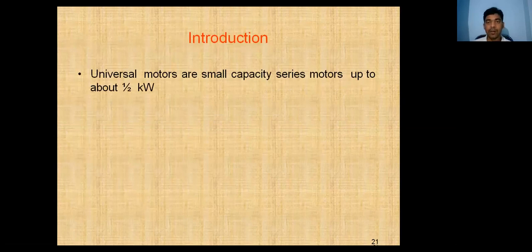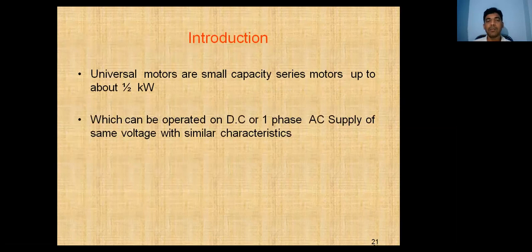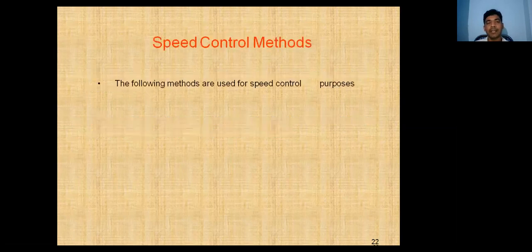Coming to the speed control techniques, universal motors are small capacity series motors, up to about half a kilowatt, which can be operated on DC or single phase AC supply of the same voltage with similar characteristics.